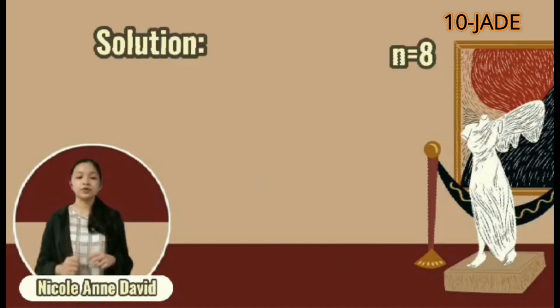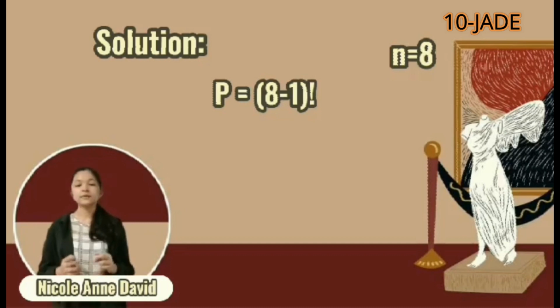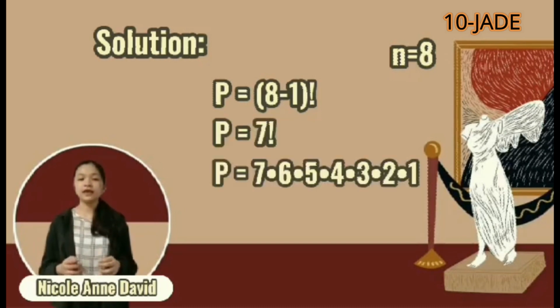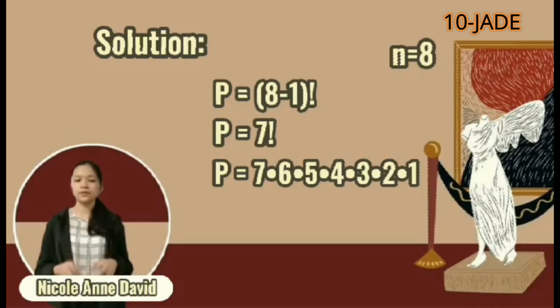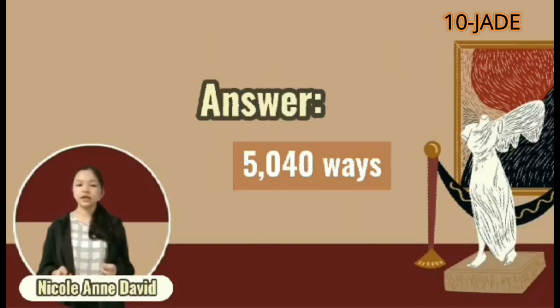By applying substitution, we have quantity 8 minus 1 quantity factorial. 8 minus 1 is 7, so we have 7 factorial. By expanding it, we have 7 times 6 times 5 times 4 times 3 times 2 times 1, and it is equal to 5,040. Therefore, there are 5,040 ways we can arrange 8 people at a round table.